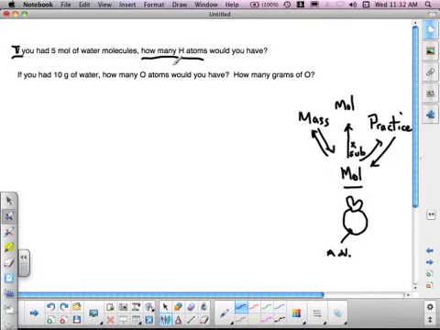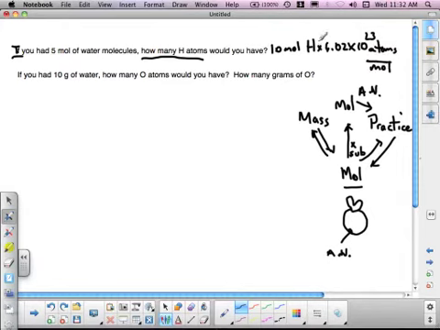So in this case, after I multiply 5 times 2 to get 10, I am then going to multiply by Avogadro's number to get my answer. So it's 10 moles of hydrogen, which is then multiplied times Avogadro's number if I want to know the number of particles. All right, so that's atoms per mole, and I end up with 6.02 times 10 to the 24th as my answer.